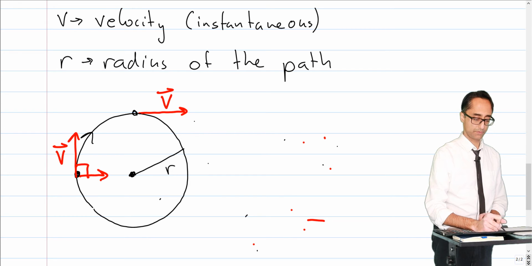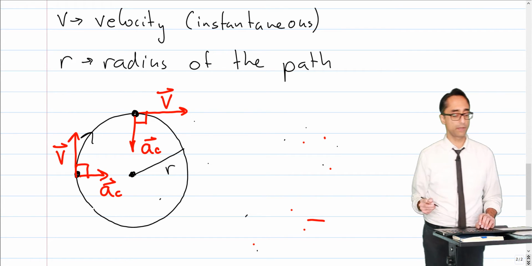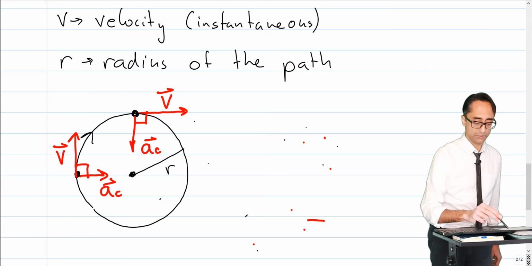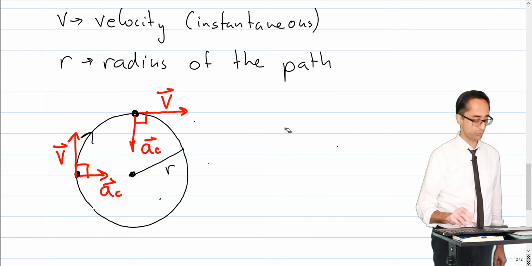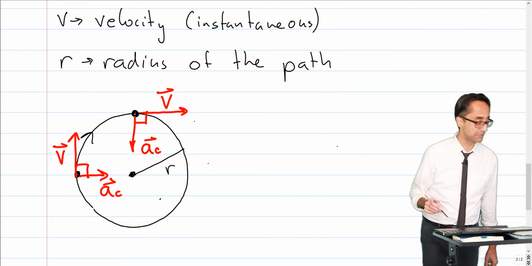I'm going to put the circle right here. Then we've got our centripetal acceleration headed towards the center, where that angle there is 90 degrees. And so the acceleration is always center seeking, the velocity is always tangent, the angle between them is 90 degrees.